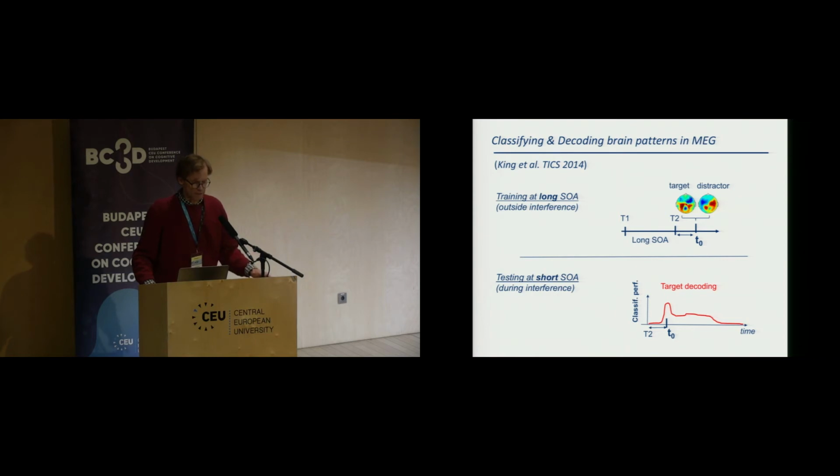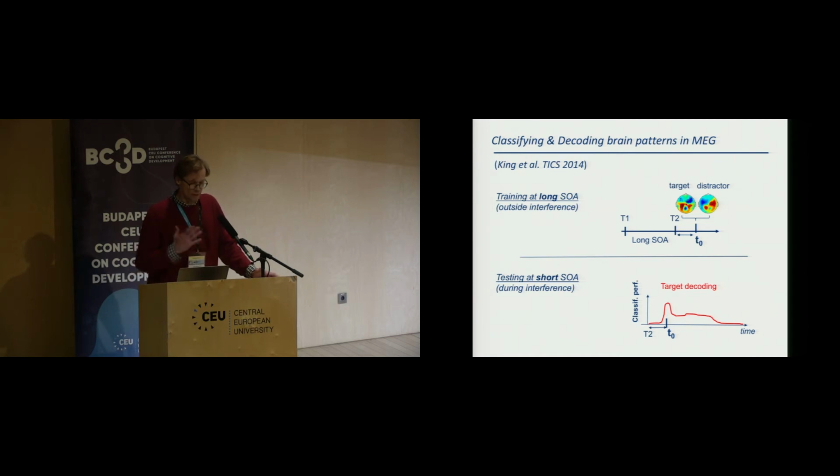So the idea is, let's say you want to discriminate between two mental representations at a given time point. But what I mean by a mental representation here is a topography of dipoles at the sensor level.